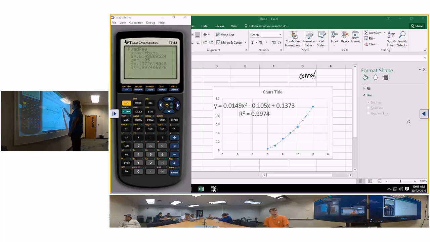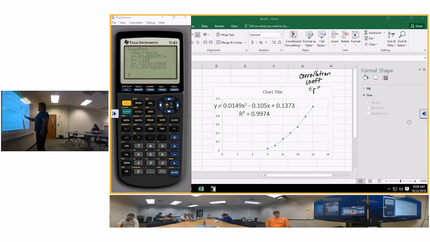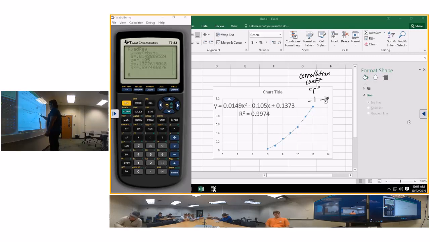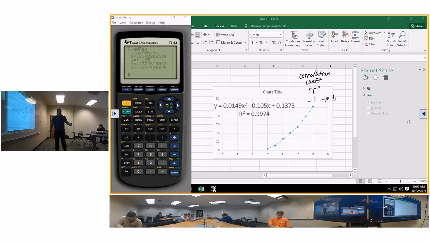The correlation coefficient is what we call R. The correlation coefficient goes between -1 to 1, -1 being a strong negative correlation, to 1 being a strong positive correlation.